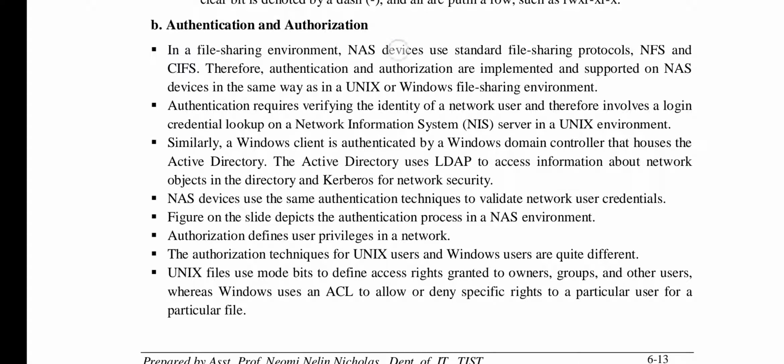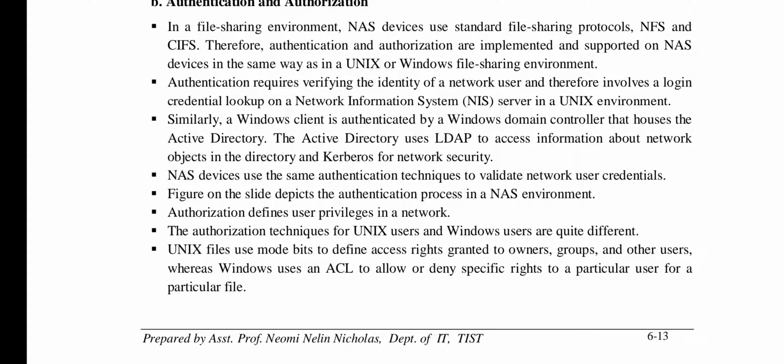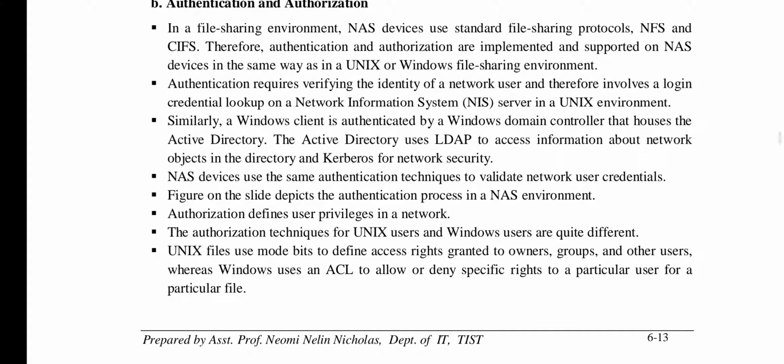Next is authentication and authorization. In a file sharing environment, NAS uses standard file sharing protocols like NFS and CIFS, that is the Network File System as well as the Common Internet File System.